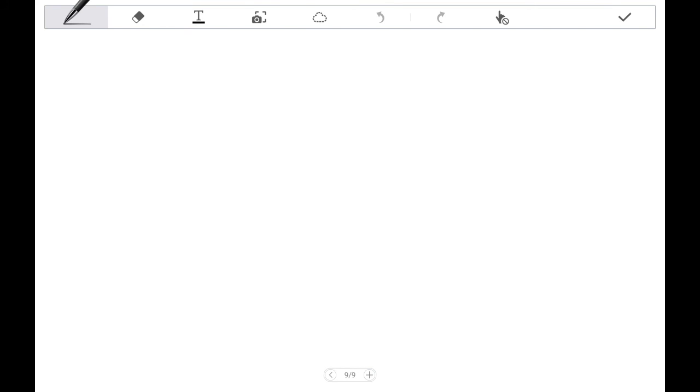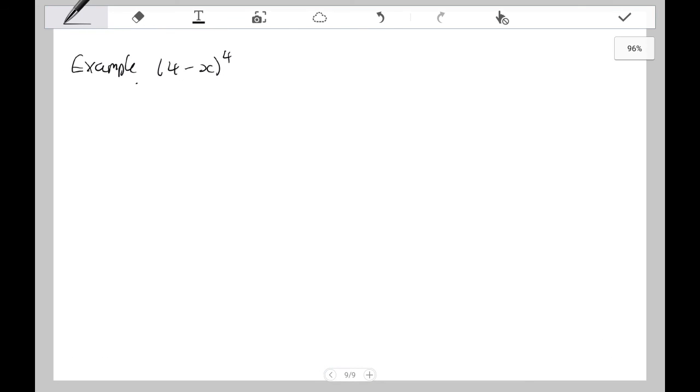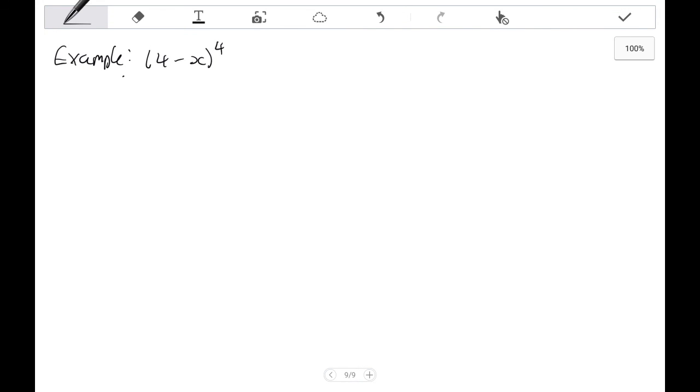So there's only one thing left, which is that we need to be able to expand something like 4 minus x to the power of 4. Okay, and we can use the expansion of 1 add x to do this. How?